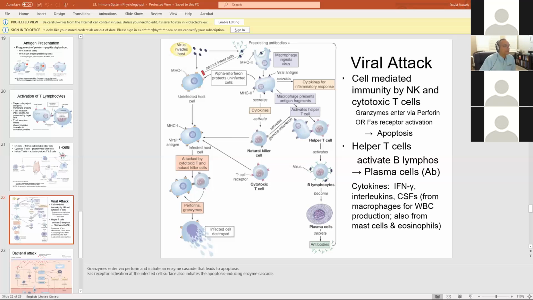Question 13, go. In the classic response to a bacterial invasion, perhaps through the skin, what cells are activated by phagocytes, like macrophages, to stimulate B lymphocytes to produce antibodies?